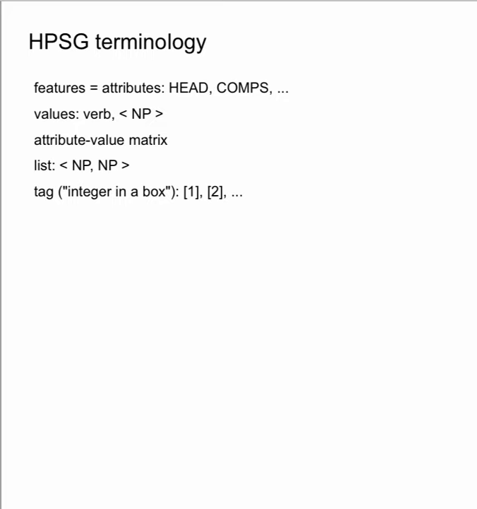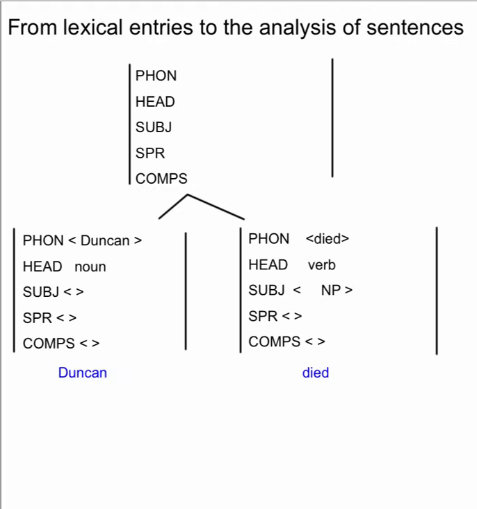So whenever the values are identical, we mark that with a tag. Let's then look at our example sentence. Duncan died. You can see here I have just copied the syntactic structure and inserted the specification from the lexicon at the leaves of the structure.